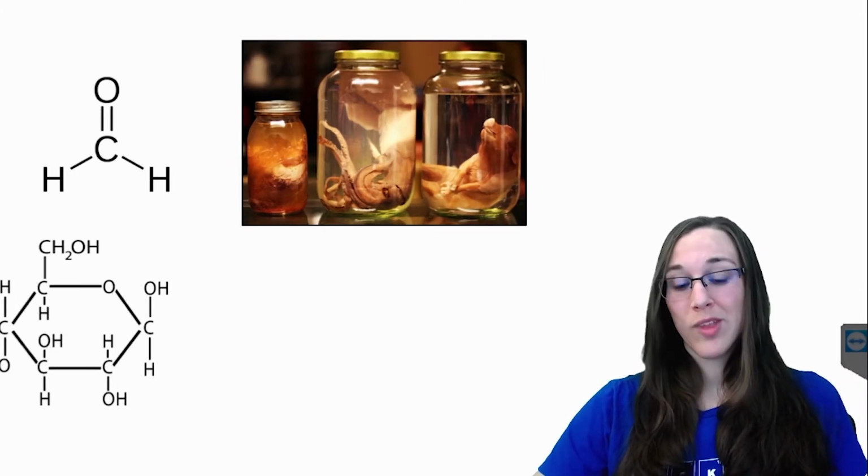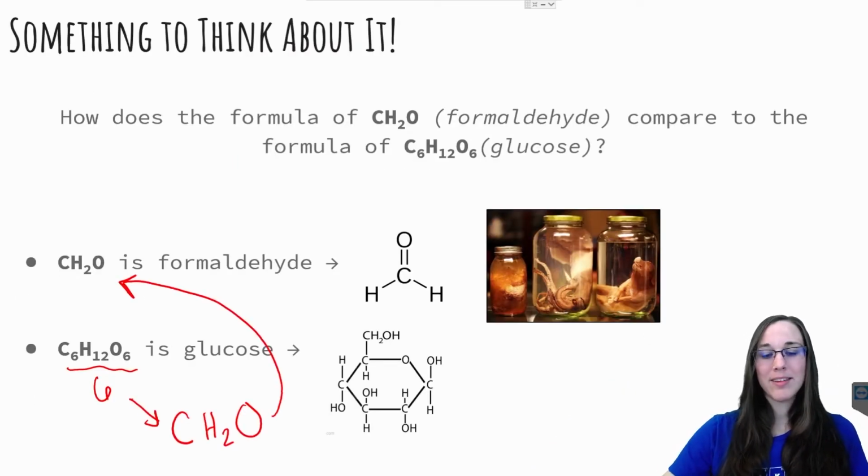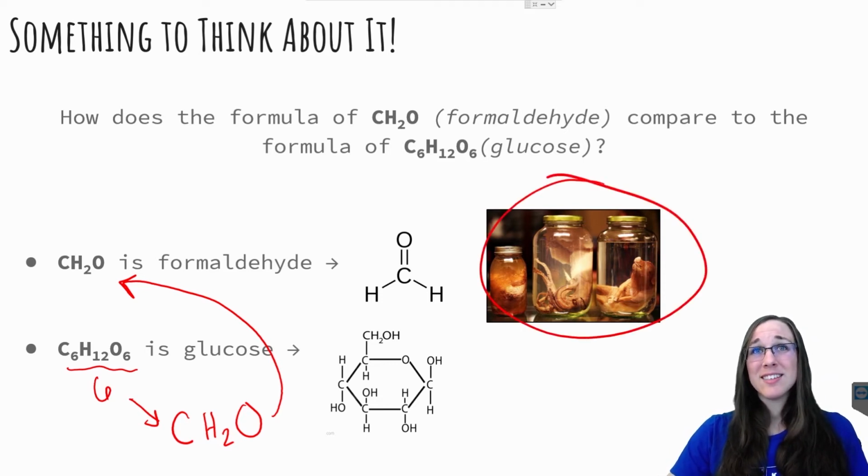CH2O. Well, that looks an awful lot like formaldehyde. The difference between glucose and formaldehyde is vast. One, you can mix glucose in your coffee or your baked goods and it tastes great. Formaldehyde is used to preserve dead things. And formaldehyde is CH2O.